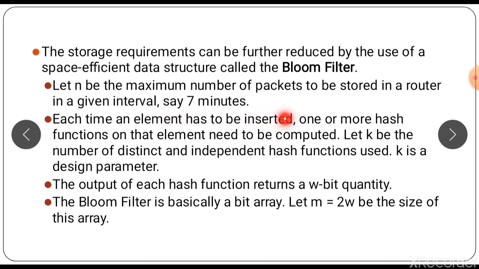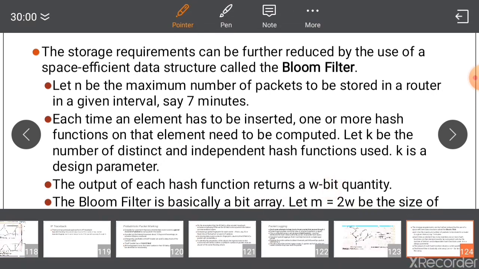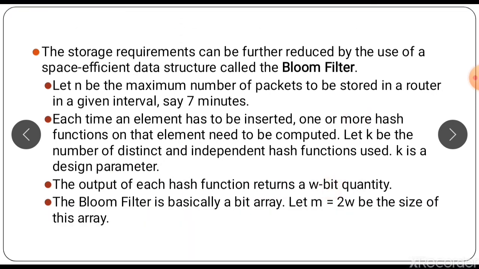Each time an element has to be inserted, one or more hash functions on that element need to be computed. Let k be the number of distinct and independent hashes used. So k is a design parameter. The output of each function is returned as a W-bit quantity. The Bloom filter is basically a bit array. Let M equal 2^W be the size of this array.